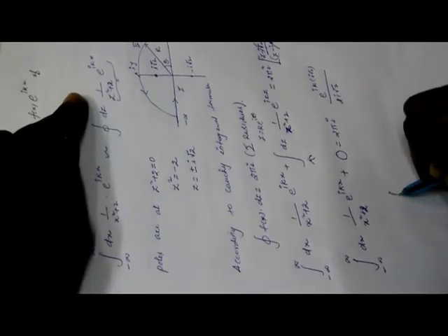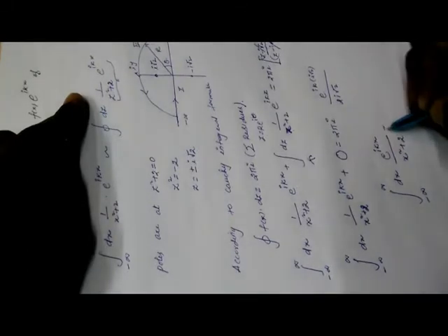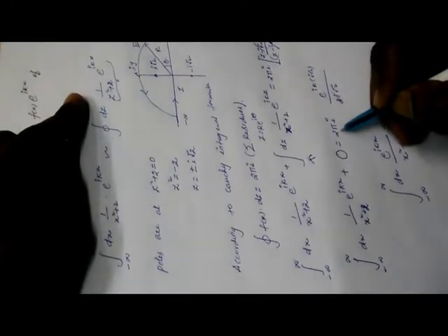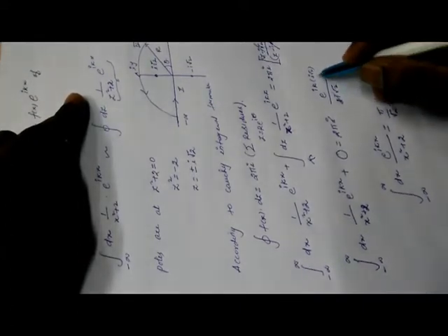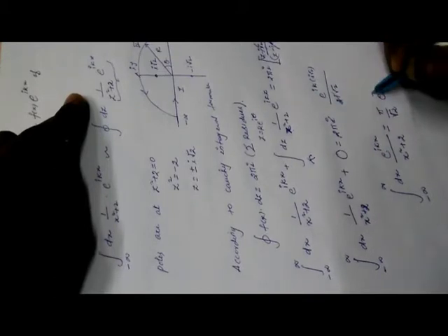So the final answer is the integral from minus infinity to plus infinity, dx, e to the power i k x divided by x square plus 2, is equal to, cancelling 2i, pi by square root of 2, e to the power minus k square root of 2.